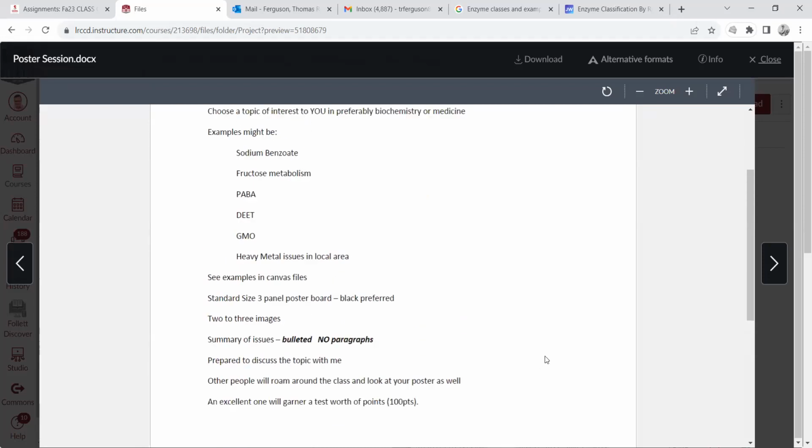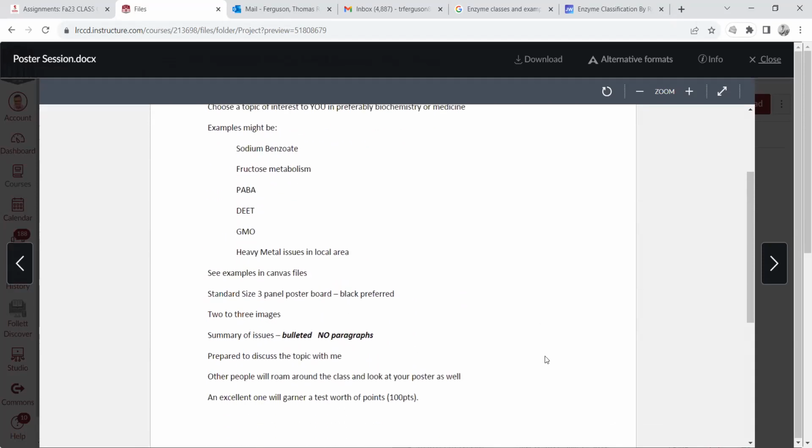I'll publish a more detailed rubric than this. This is very generic. And yes, you can bring it in this Wednesday. That's fine too.